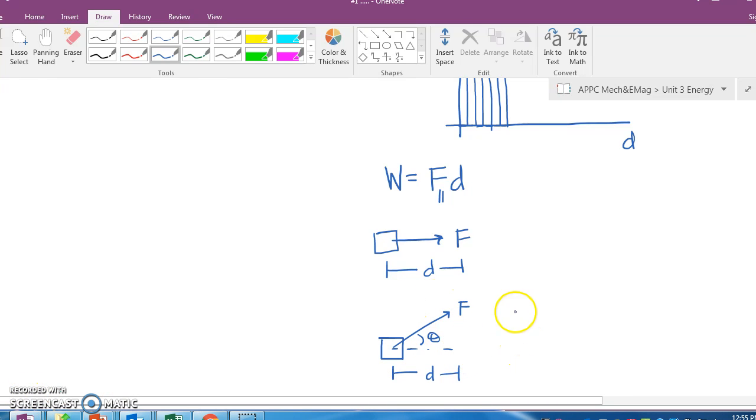So in this case, only the X component is doing work. So then your work would be F cos theta times D.